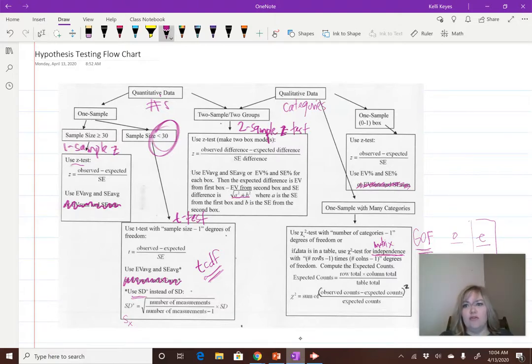The five are the one sample z-test, the two sample z-test, the t-test, which is always just one sample right now, and then the chi-squared goodness of fit and the chi-squared independence.